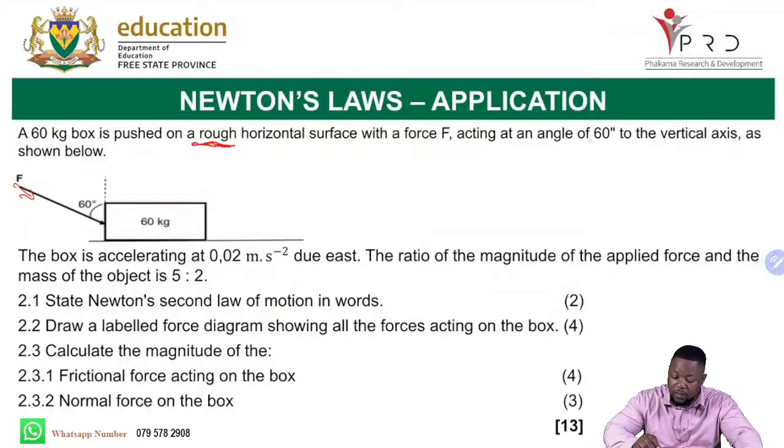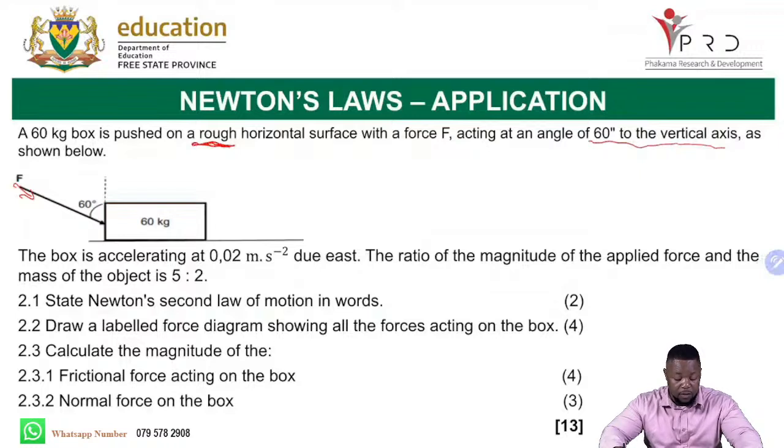We are told that this 60 degrees is to the vertical axis as shown below. I hope we see the diagram and everything that is being described in the statement. You should make sure that you really see exactly what is being described.